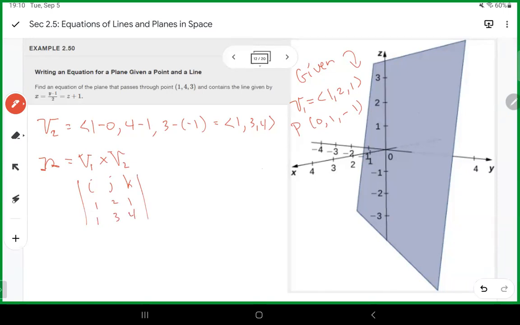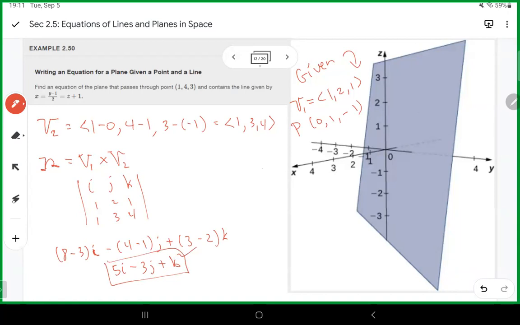We're going to pull everything out, and we're going to end up with 8 minus 3 i, minus 4 minus 1 j, plus 3 minus 2 k. That gives us 5i minus 3j plus k. All right, so that's that part.